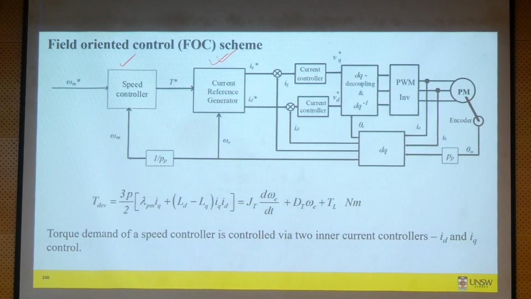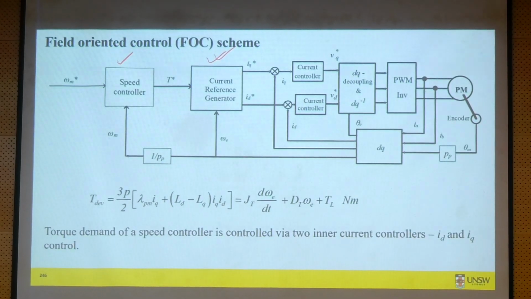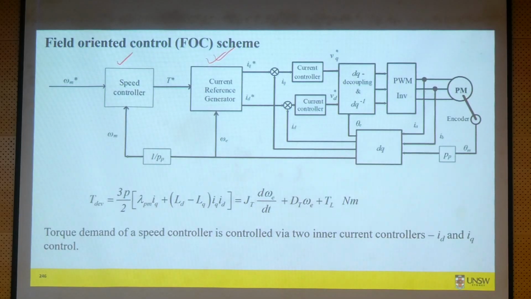It's a cascade control system. You may note that the torque equation we are using here is completely different from the classic torque equation we saw in the previous slides. So where does the torque equation come from?